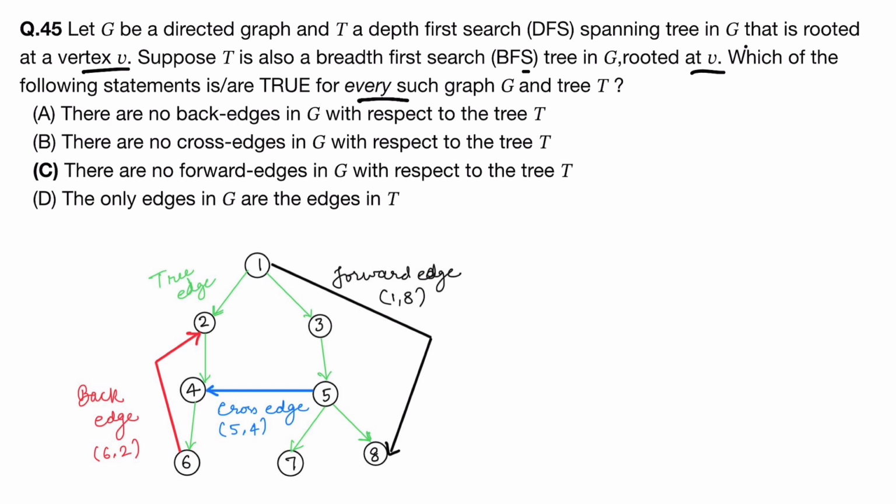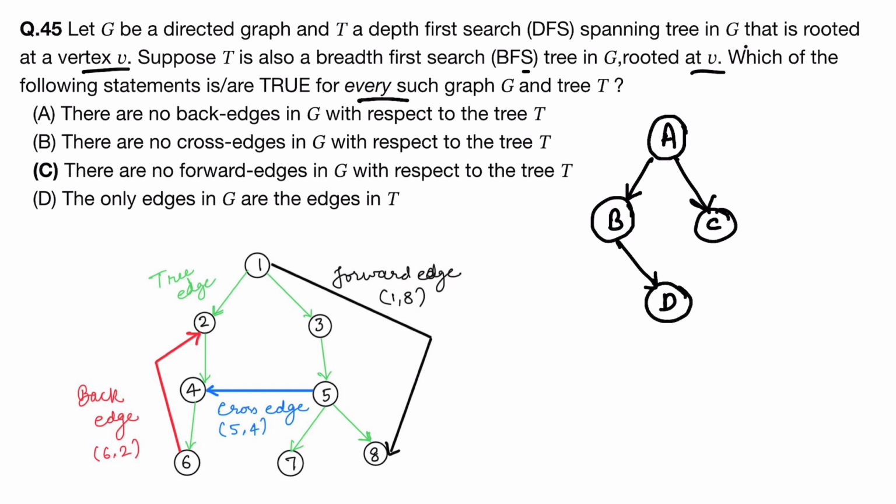So just draw a graph like this. A, B, C. This is T. One second. This graph is not like this.